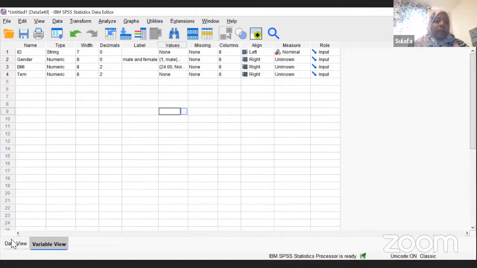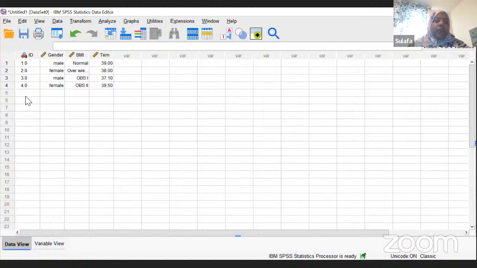Sometimes we can have a missing value, like the front desk didn't write the value for participant 5. So I come here and put ID number 6, and I put the gender, the BMI, and the temperature.